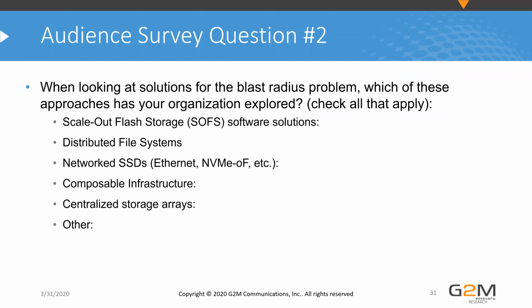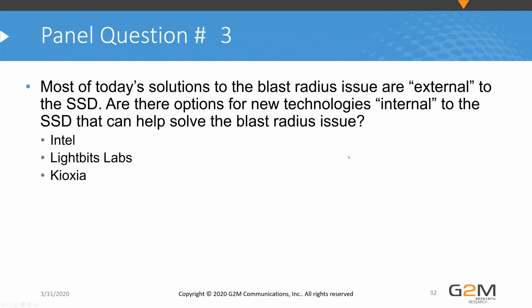I'll go ahead and open up this poll and let people answer this one. Okay, that should be on everybody's screen. Go ahead and take a couple minutes to answer, and then we'll go to the third panel question.